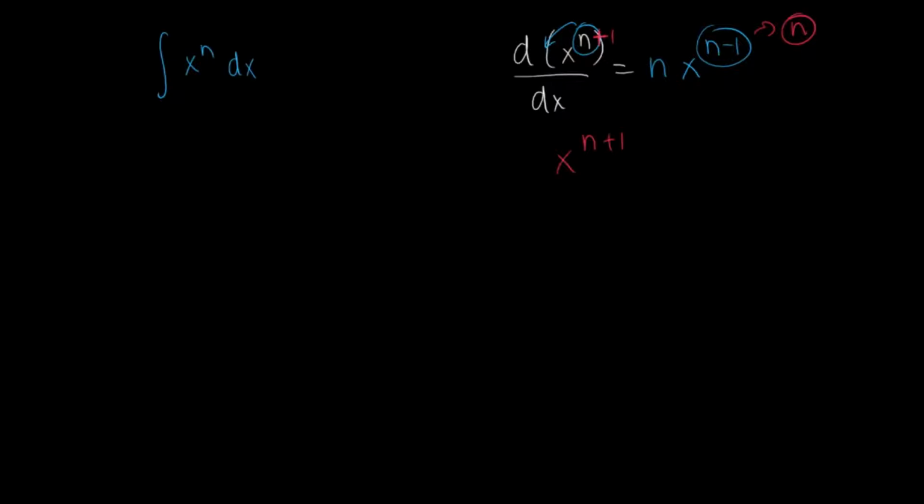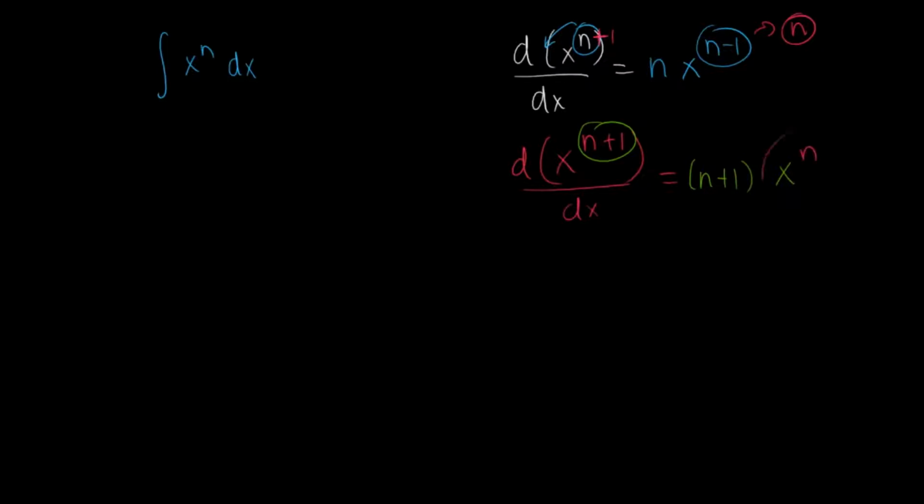So now d of x to the power of n plus 1 with respect to x gives you, now n plus 1 is a complete entity on its own, so this will be n plus 1 times x to the power of n plus 1 minus 1, and this just serves our purpose, and this becomes n.